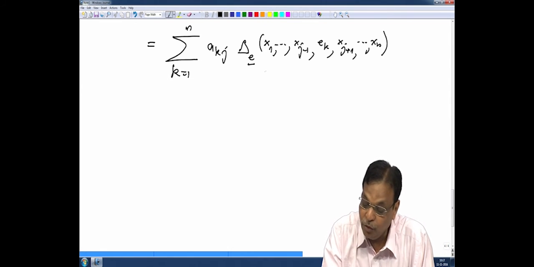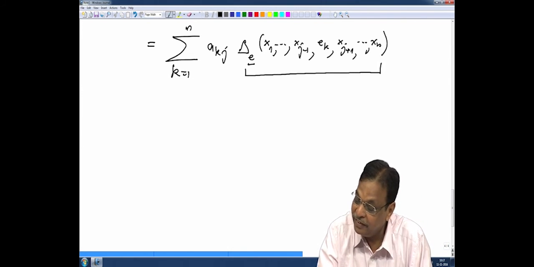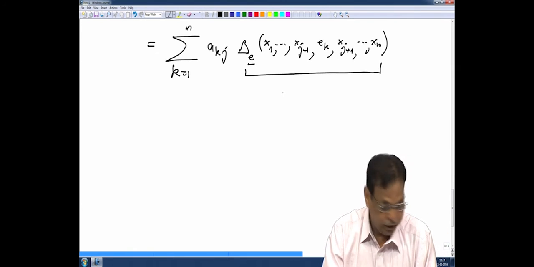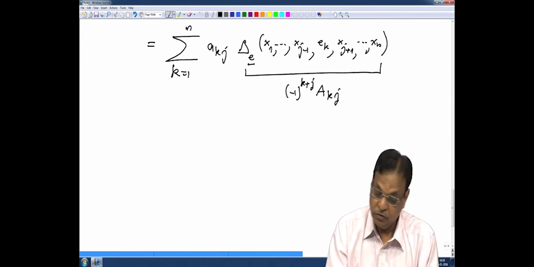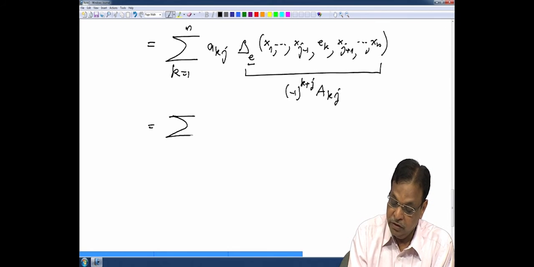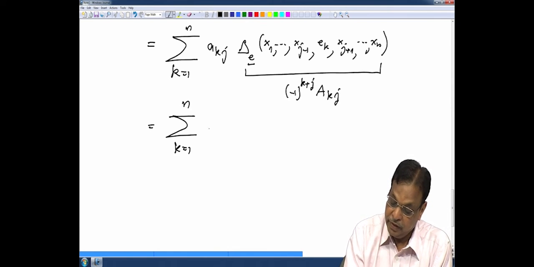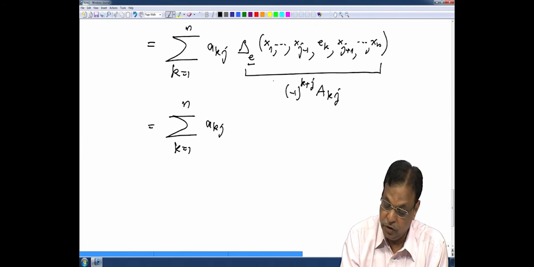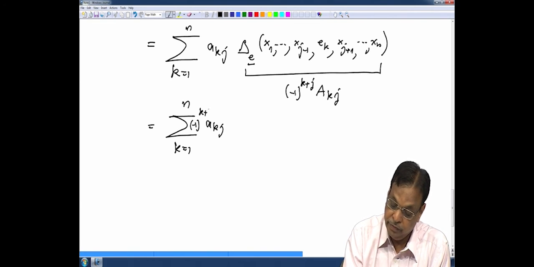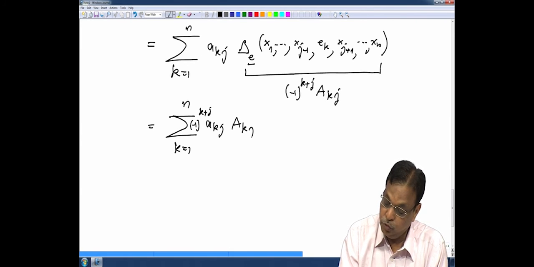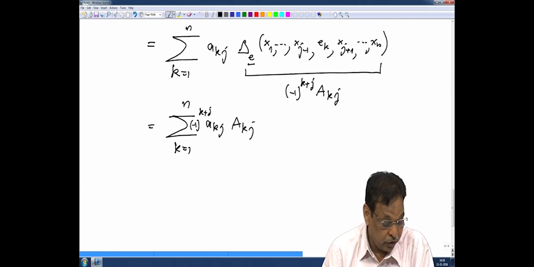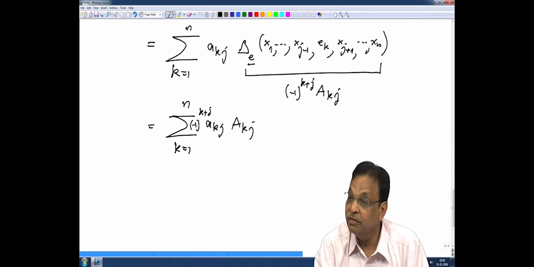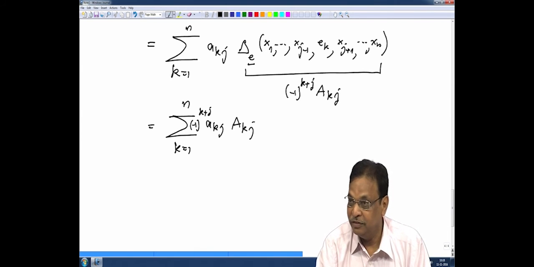And this is precisely what we have defined as capital A_kj. So, this is minus 1 power k plus j capital A_kj. So, this is summation k equal to 1 to n a_kj, minus 1 power k plus j capital A_kj. This is what we wanted to prove. So, this shows that if your definitions are in order, the proofs are also easier.